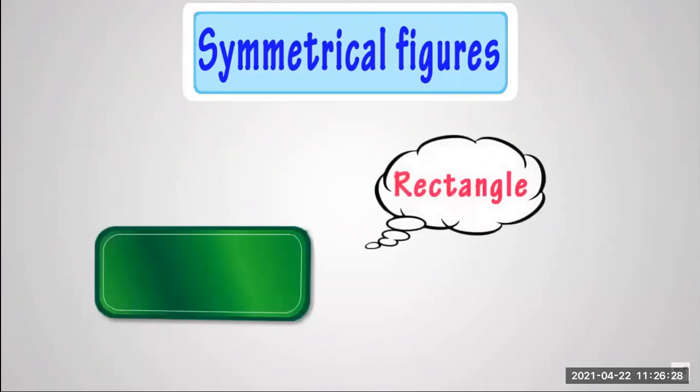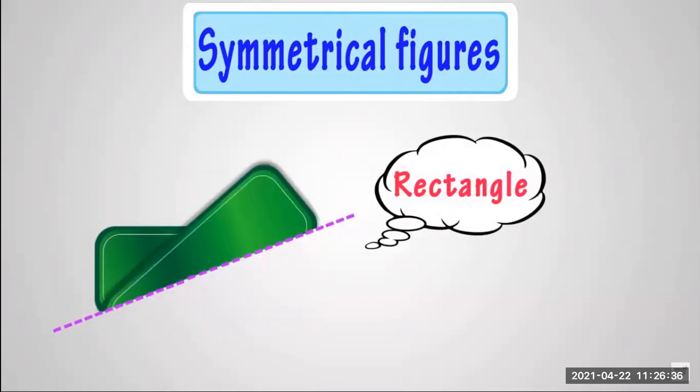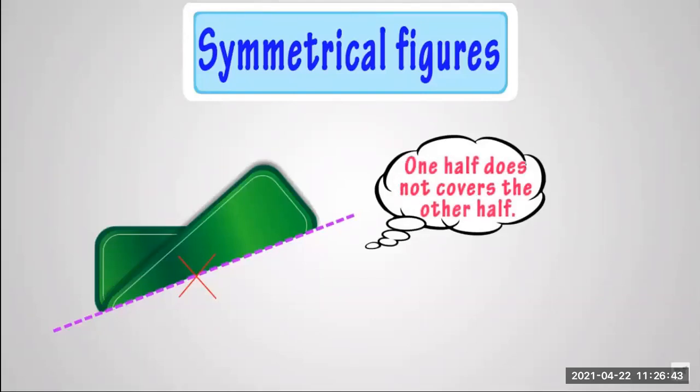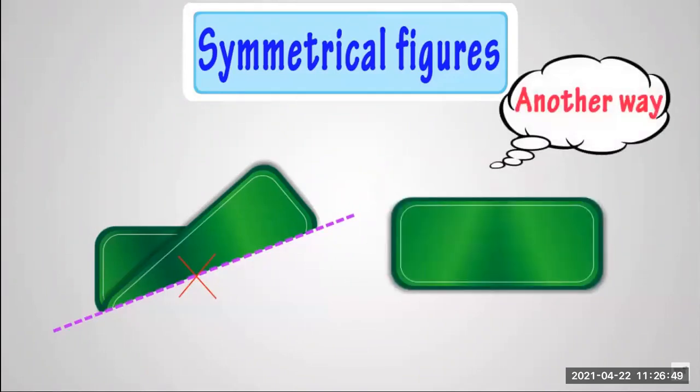Now, let's try the same with another figure. Here is a rectangle. Let's fold this rectangle halfway. If we fold it here, it does not work. One half does not cover the other half. So let's try another way. Let's fold it this way.